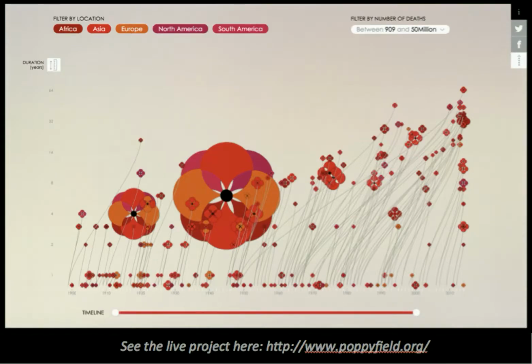So let's look at the poppy field data visualization. One thing that obviously stands out is that it very monochromatically leverages warm red hues all across the page. There are no real cool colors, no greens, no blues, kind of a velvety, but really more of a shaded red.